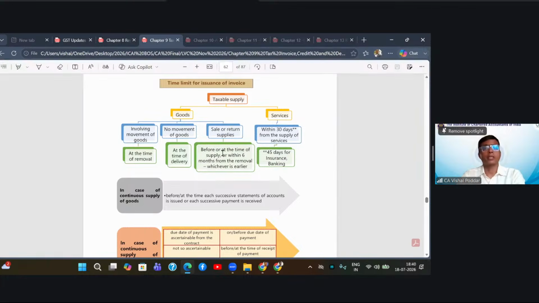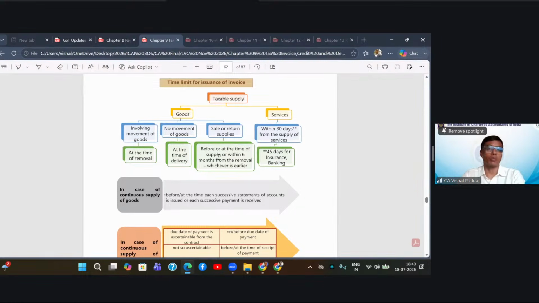And after your buyer gives the confirmation that yes, they are accepting the goods, you will be issuing the invoice. Now here the maximum time given for getting the confirmation is 6 months from the date of removal. So you have to prepare the invoice within this 6 months period, or if before that you receive the confirmation, on the date of receiving the confirmation.